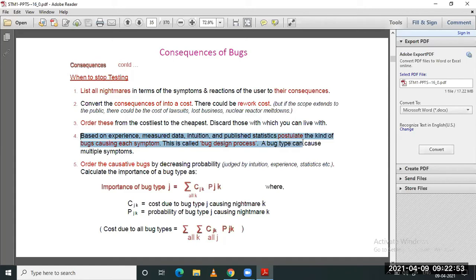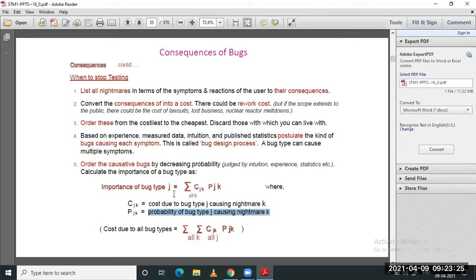A bug type can cause multiple symptoms. So order the causative bugs by decreasing probability. Calculate the importance of a bug type j as the sum over k of Cjk times Pjk, where Cjk is the cost due to bug type j causing nightmare k, and Pjk is the probability of bug type j causing nightmare k.